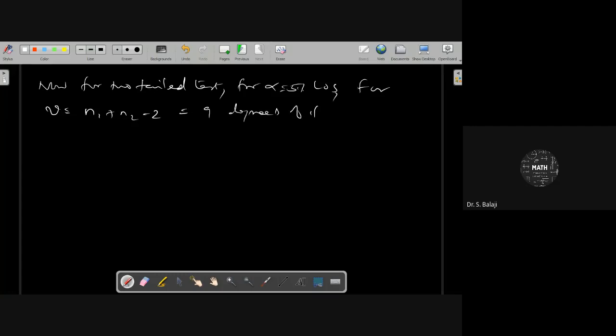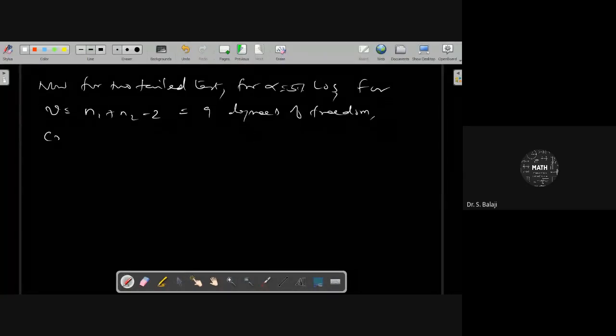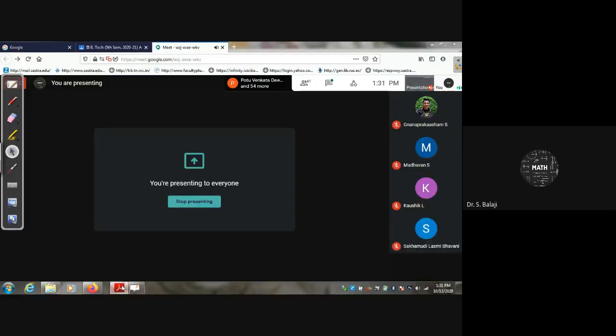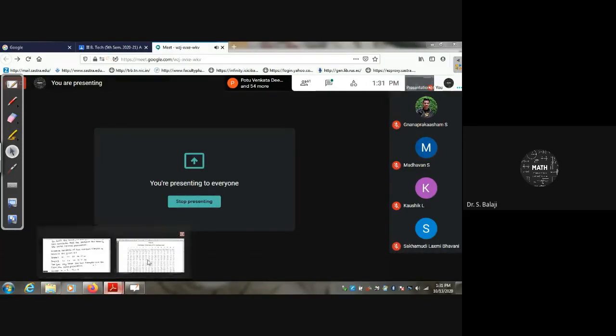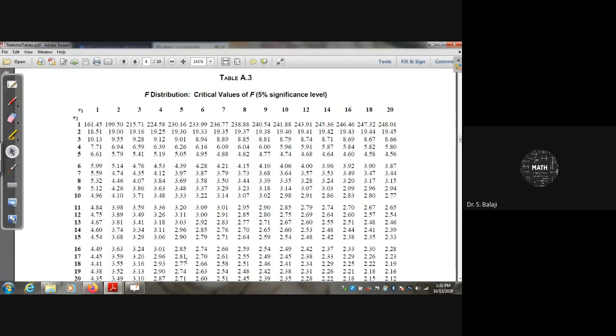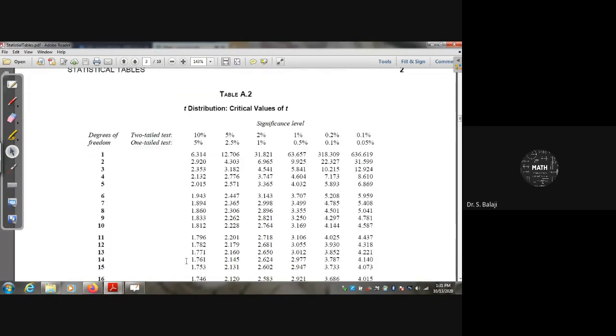Critical value t of alpha is t 9, alpha equal to 0.05.